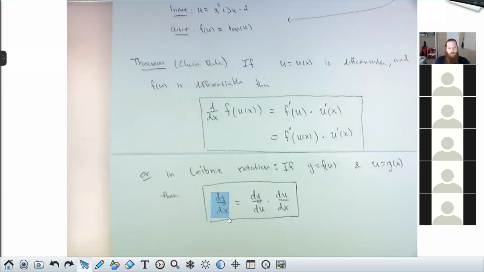That's the same thing here, right? This says that the derivative of the overall function, which is f of u of x, is equal to the derivative of the outer with respect to the inner function, with respect to the variable u, multiplied by the derivative of the inner function with respect to the variable x. Same statement. Yes, of course.